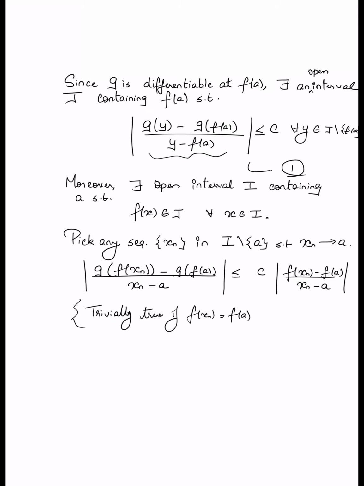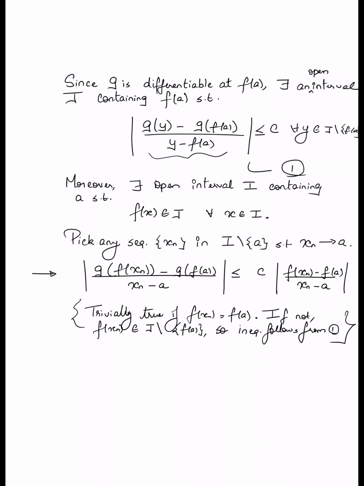On the other hand, if f(xn) is not equal to f(a), then f(xn) still belongs to J, and in fact does belong to J minus f(a), so the inequality follows from condition 1 above. Okay, so patching that together, we conclude that this inequality must hold.